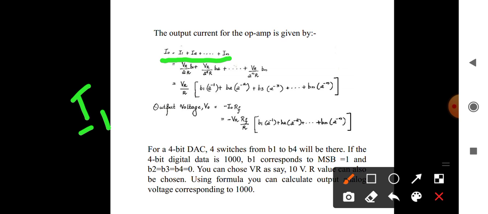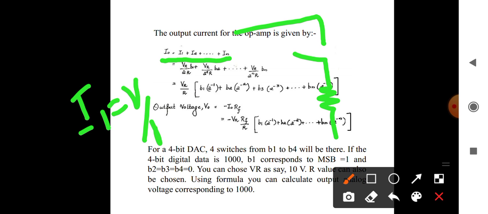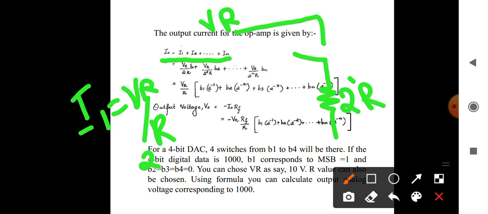I1 it will be equal to V by R. So what is the voltage here? Voltage here it will be the reference voltage VR. So what is the resistance here? Resistance is equal to 2 raised to 1 into R. So that becomes 2R. So I1 is equal to VR by 2R.